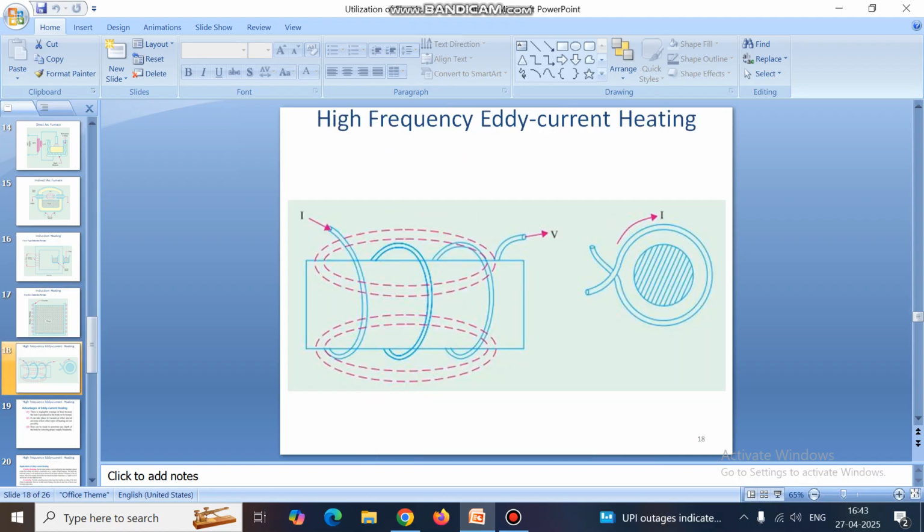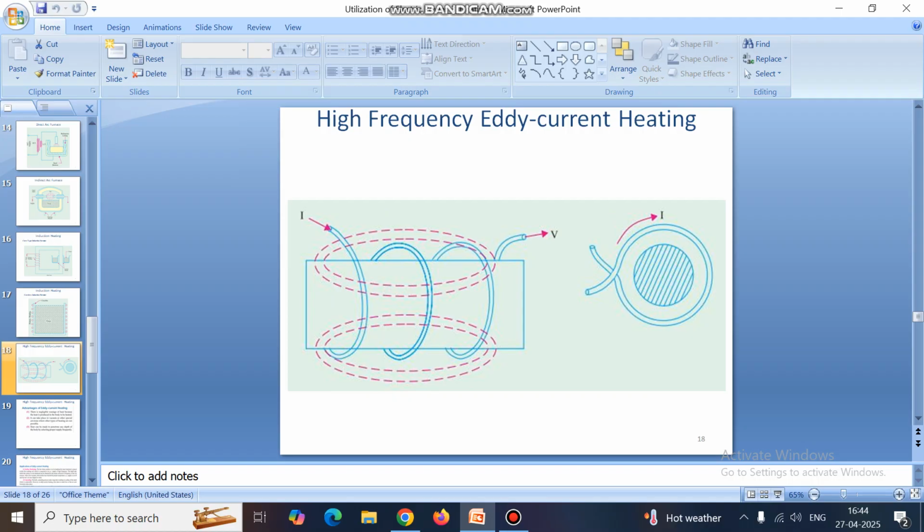Next one is high frequency eddy current heating. You know that eddy current loss is proportional to frequency squared. That means that by changing the frequency, the depth of the heating can be easily changed. This is the particle which you wish to heat up, and this wire is wound around it, and current flows in this wire.